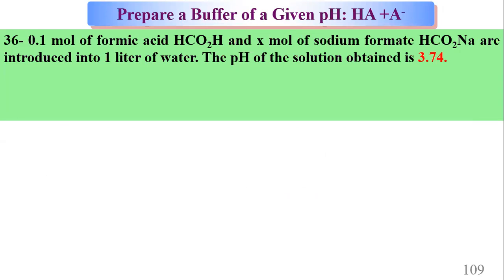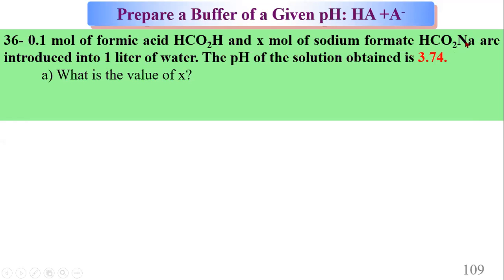Number 36. If I have 0.1 mole of formic acid and X mole of sodium formate, again, the base A- always has a cation beside it, and it comes in the form of a salt.